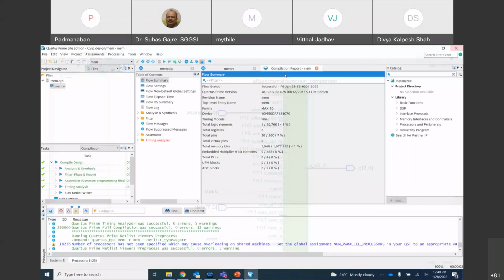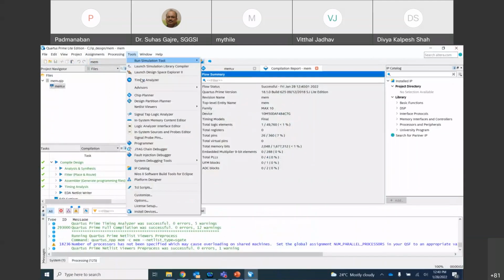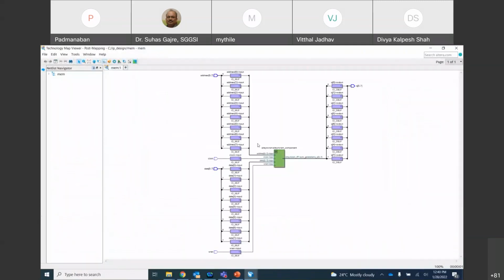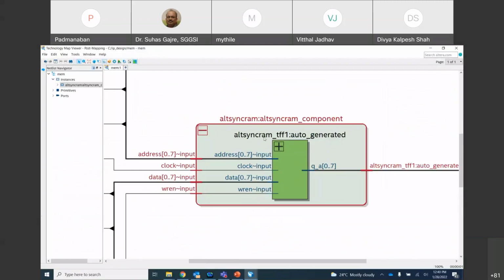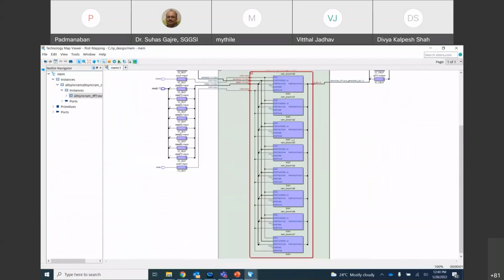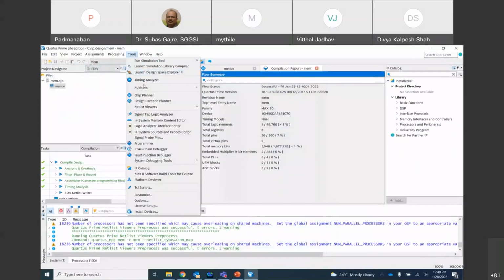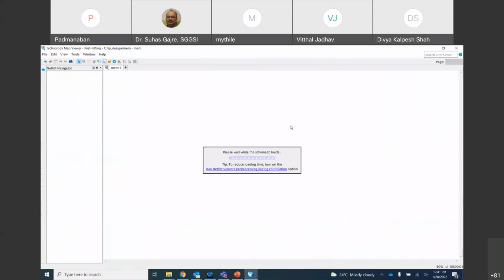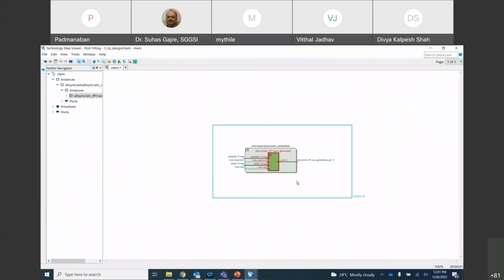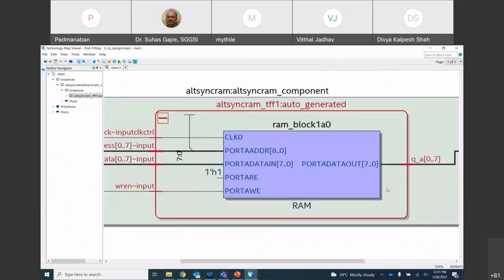And you can also see the technology map viewer after the mapping. See that? This is a block RAM. The same thing was generated yesterday when we copied the template. So you can generate it in any method. Either you can develop the Verilog code, or you can take the template, or you can take the IP.